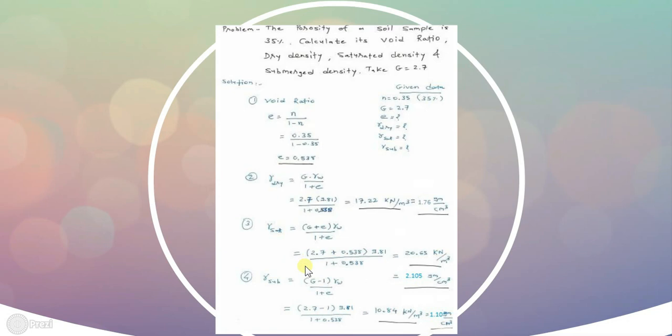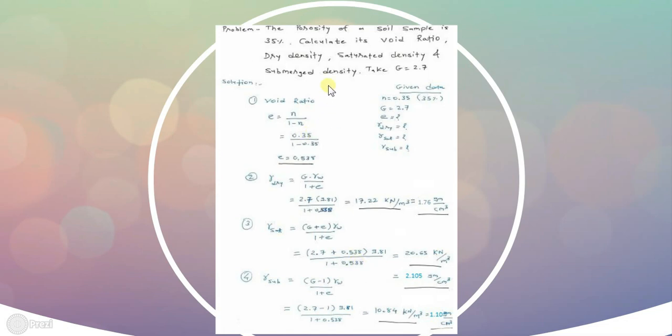So gamma saturated will be 20.65 kilonewton per meter cube. As it is asked as saturated density, I will convert it into gram per centimeter cube by dividing 20.65 by 9.81. So it becomes 2.105 gram per centimeter cube.